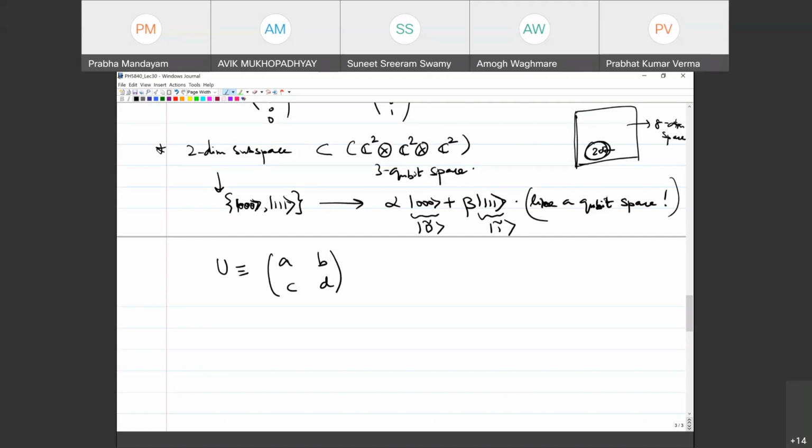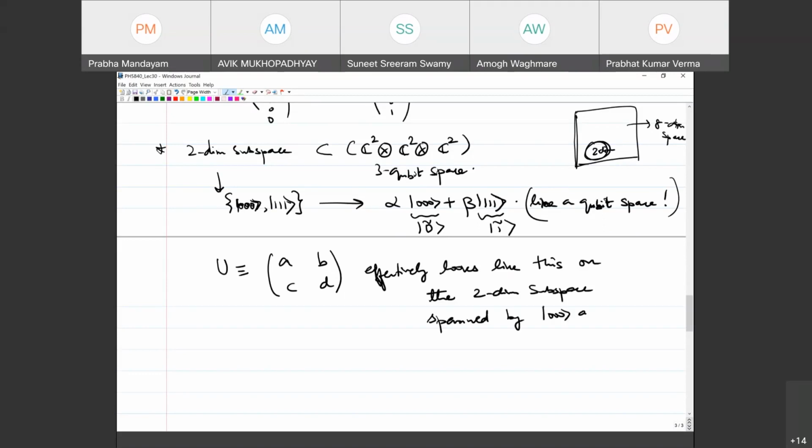Okay, so this is effectively like this. It effectively looks like this on the 2-dimensional subspace, the subspace spanned by 0, 0, 0 and 1, 1, 1.